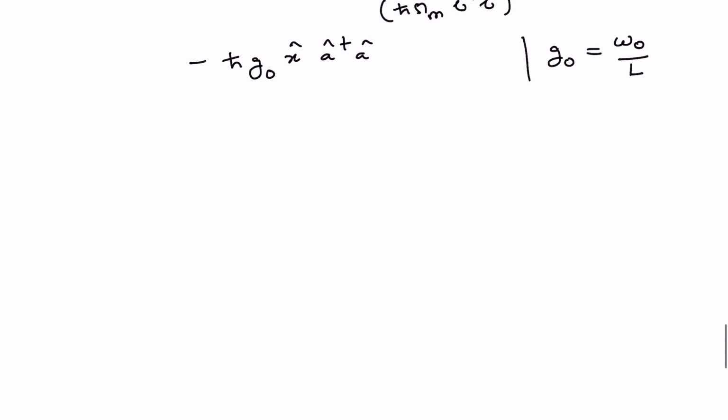In fact, we can rewrite this Hamiltonian in this form. H is equal to ħ ω0 a†a plus p²/2m, where p is the momentum of the mechanical oscillator.